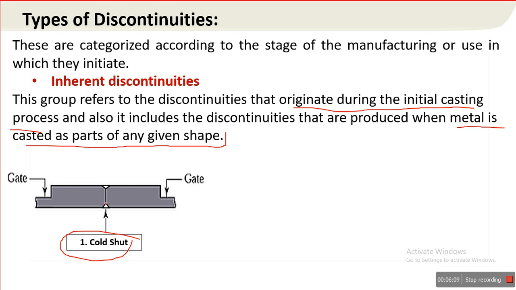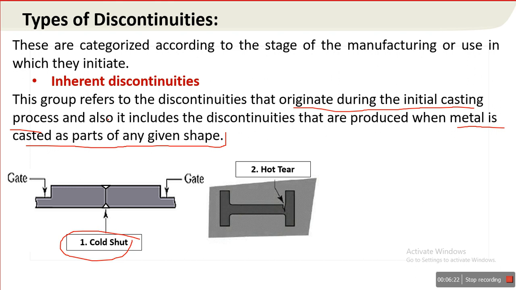So when a minor gap is present between the two streams of molten metal and it solidifies as it is, then a cold shut originates inside the component. It is an inherent discontinuity. Hot tear is due to the extreme solidification and cooling of the component. At a sudden cross section, it appears as a smaller crack, and it is called a hot tear.